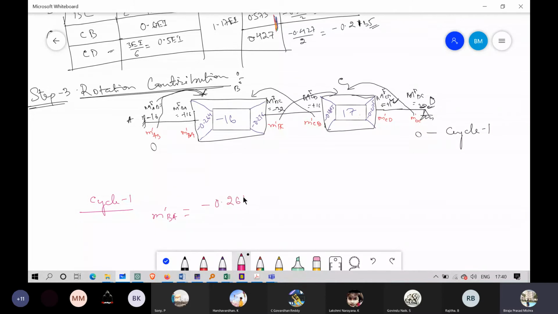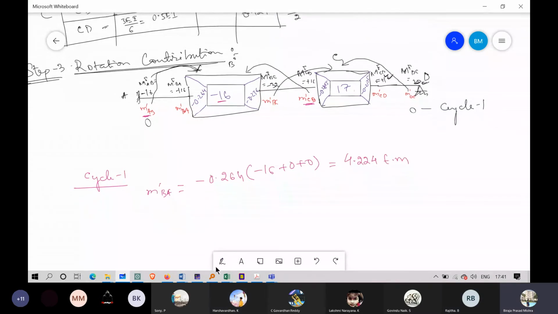Minus 0.264 into this minus 16 plus M dash AB plus M dash CB. The current value of M dash AB is 0, and for M dash CB there is nothing now. So this is coming as 4.224. Please, Amma, correct me if I'm wrong.